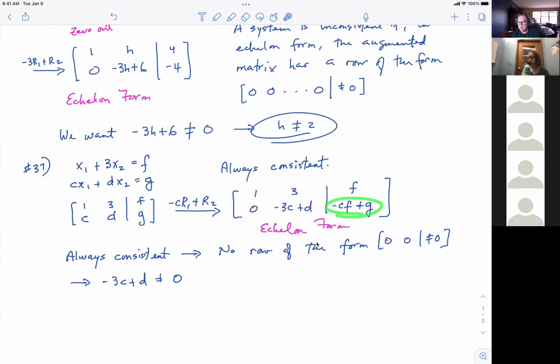For us to have no row of this form, we have to assume that negative 3c plus d is not 0. So that's it, actually. It says, what can you assume about c and d? Well, we can assume that -3c plus d is not equal to 0. Questions on that?